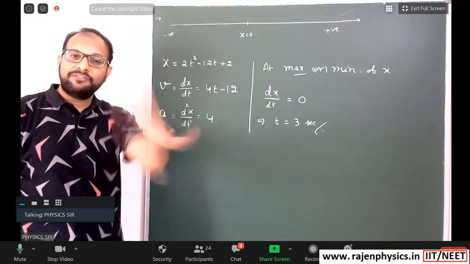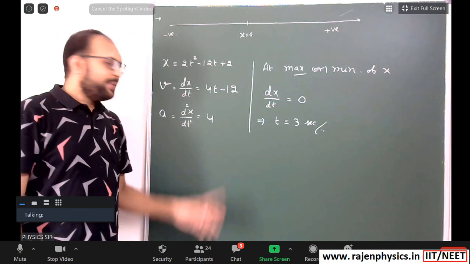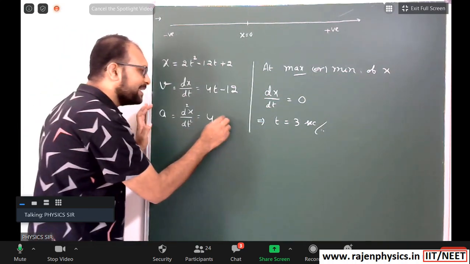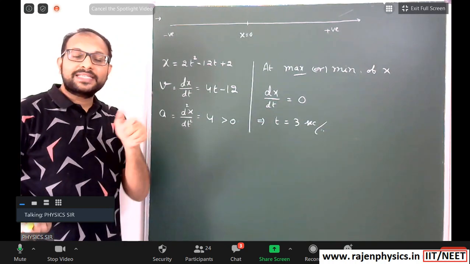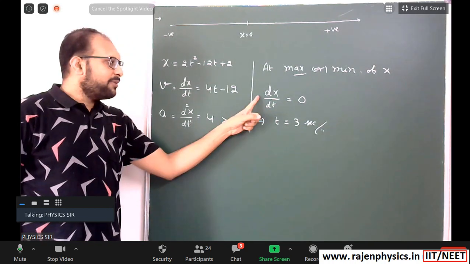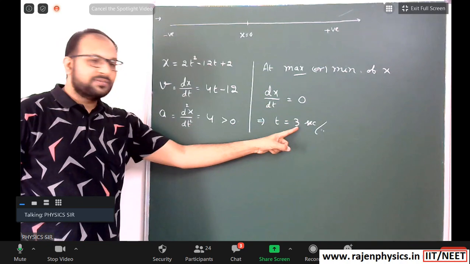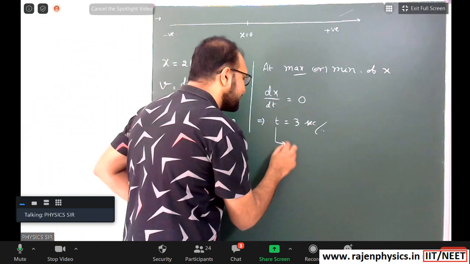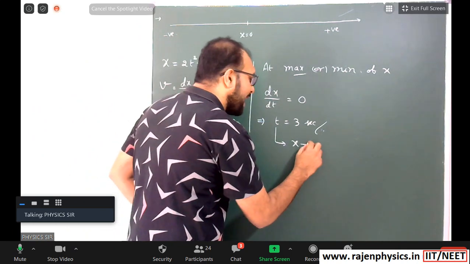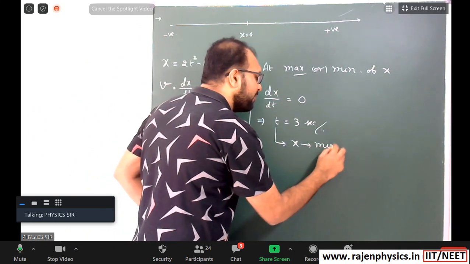That means you need not verify at all, because the second derivative is greater than 0. So the first derivative is 0 at t equal to 3 seconds, and now at t equal to 3 seconds, x has only a minimum value.